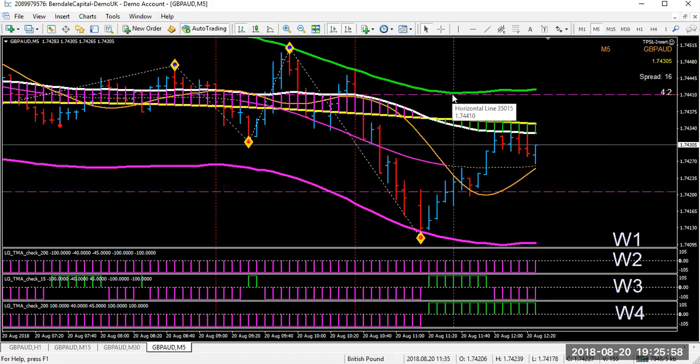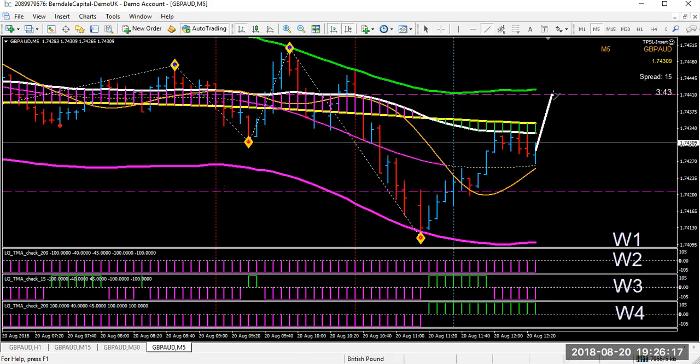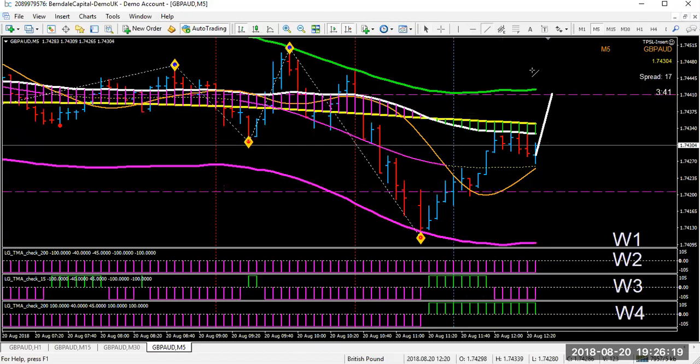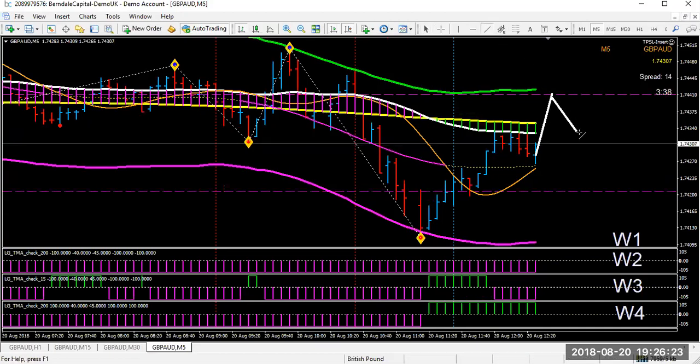Our first point, take profit, is the green riverbank, because price will go up there or pass it or spike it, maybe come down, and if it still wants to go up to there, then that's what it's going to do.